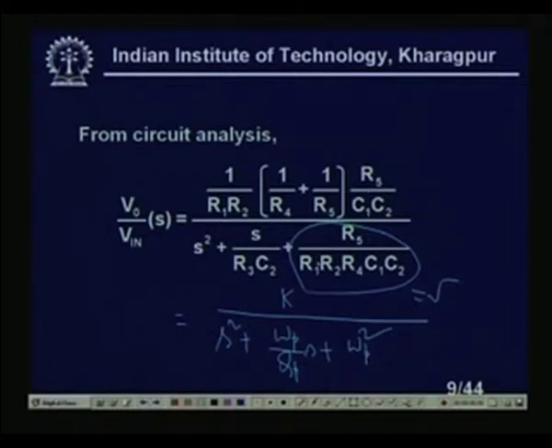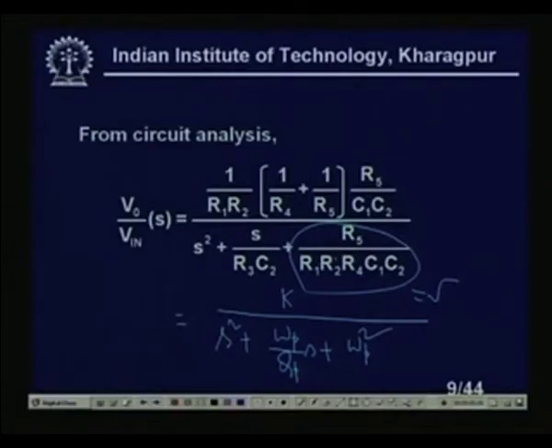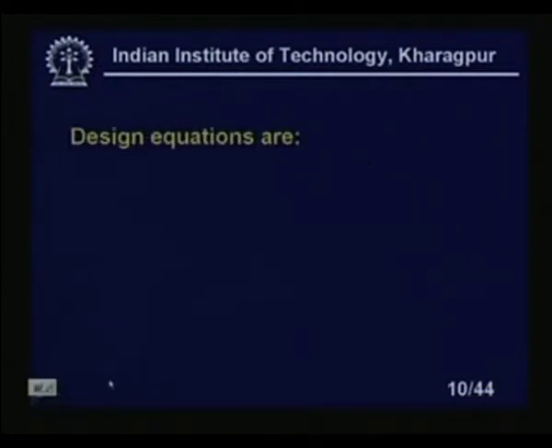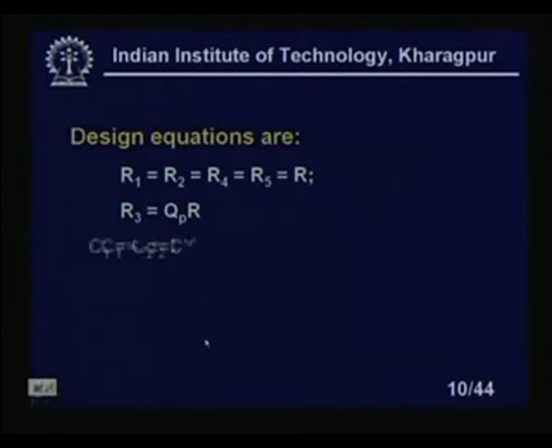It is very difficult to tune omega p and capital K independently, though I can tune Qp and omega p independently in this particular type of circuit. So the design equations are R1, R2, R4, R5 equal to R, R3 equal to Qp R, and C1, C2 all equal to C. You can take C as 1 farad, and accordingly the resistance will come, with C multiplied by R equal to 1 by omega p. So omega p equals 1 by CR.